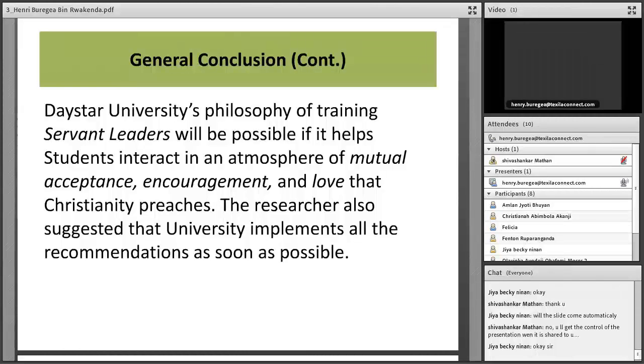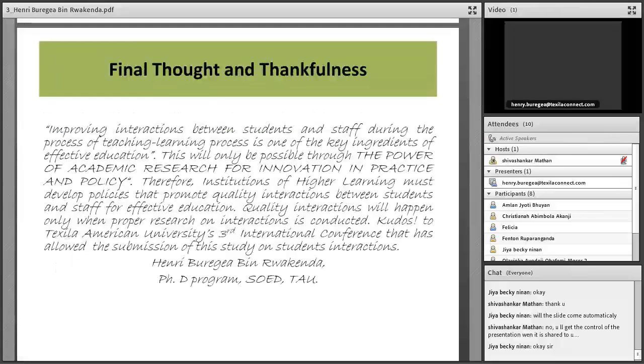The researcher also suggests that the university implements all the recommendations as soon as possible. I want to just stress that it's only through academic research for innovation in practice and policy that we can have the power to cause change and develop policies to help improve the quality of interaction that is very crucial for education to be effective.